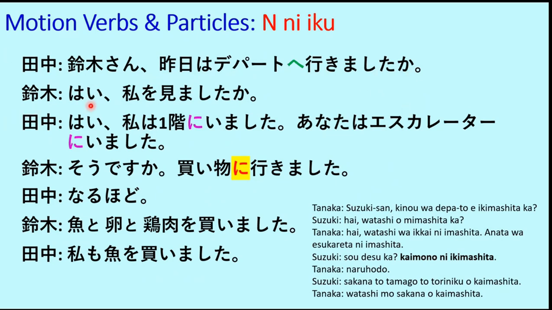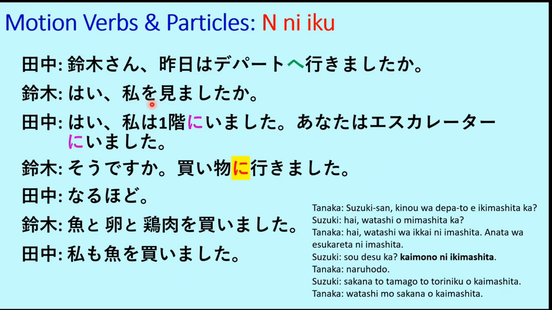So yesterday did you go to the departmental store? Suzuki-san says, Hai, watashi o mimashita ka? Now, watashi o, that means here watashi is the object. It's not the subject. Did you see me there? If it is subject, then it will be followed by either wa particle or ga particle.